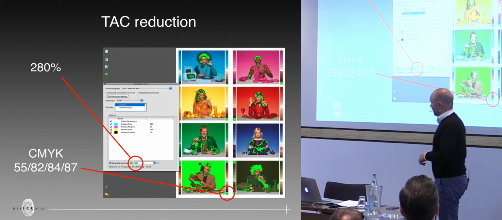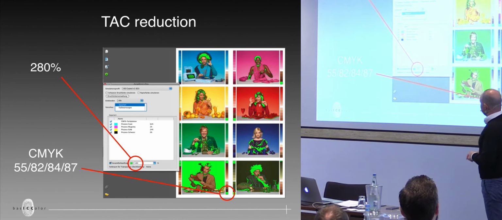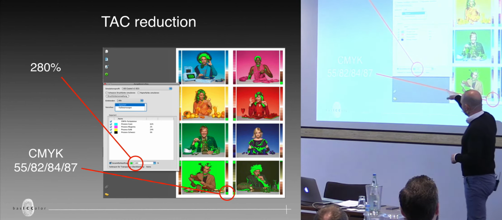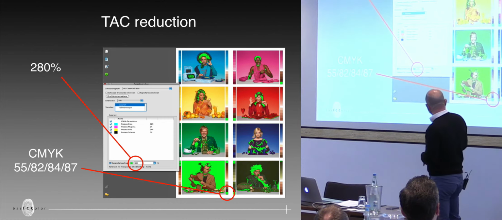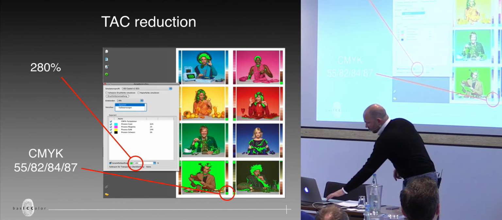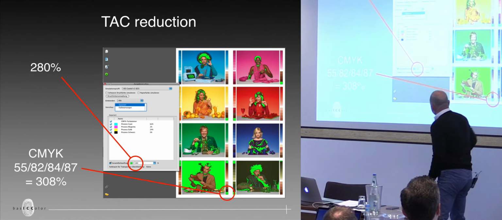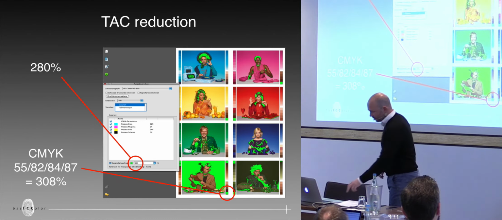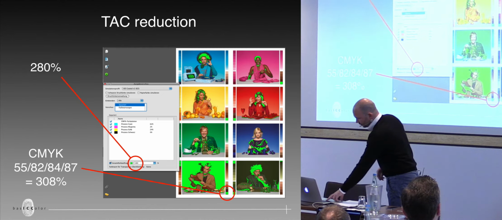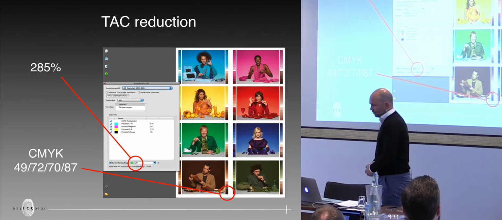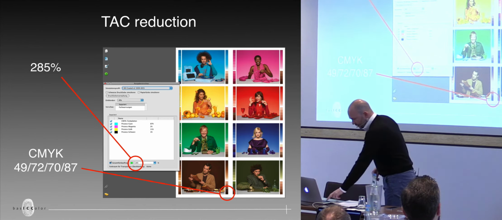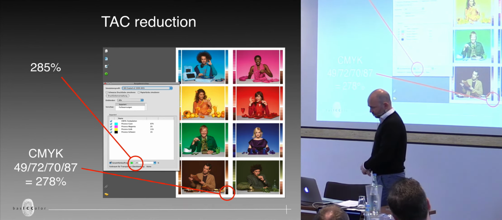Here, for example, I converted with such a profile. We have here 280%. So here this color has 308% total amount of color. And after DeviceLink conversion with a TAC DeviceLink, everything will be reduced.